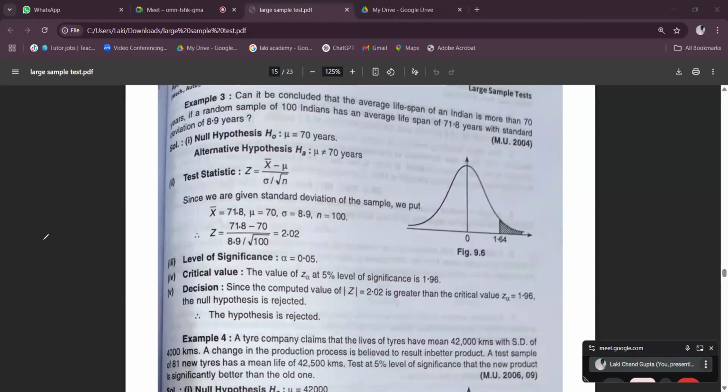So it is greater than 1.96. No, no, it was a mistake. Right, 1.96 because alpha is 5%.